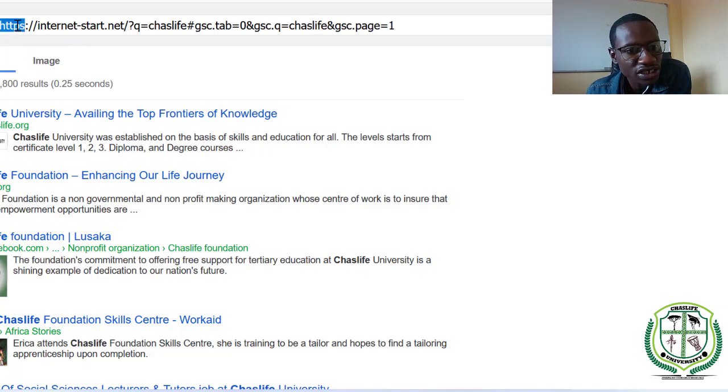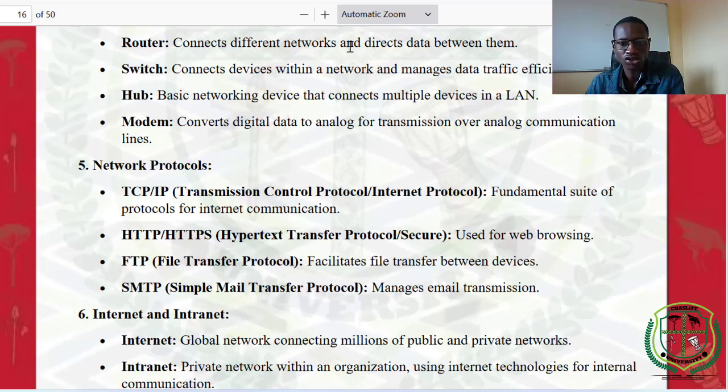So this HTTPS is what directs you to the internet or to whatever you are searching about. So it is used for web browsing. When you don't have HTTP at the beginning, you can't have a link, okay?